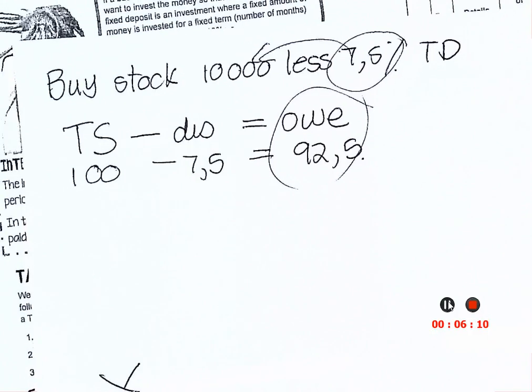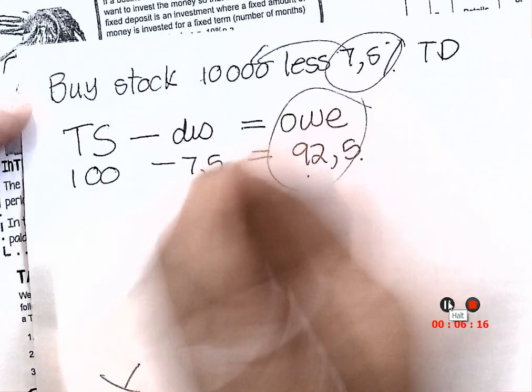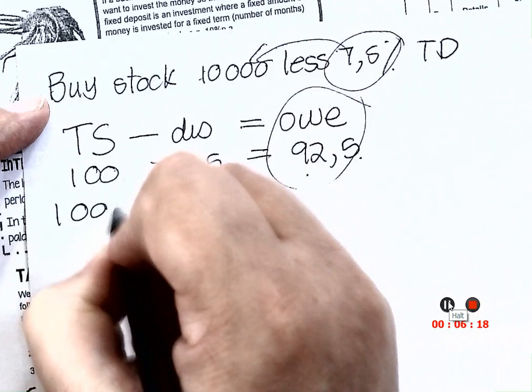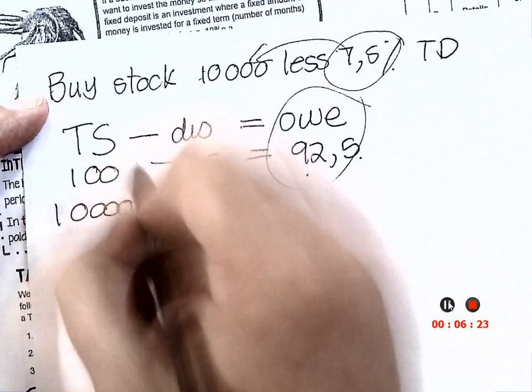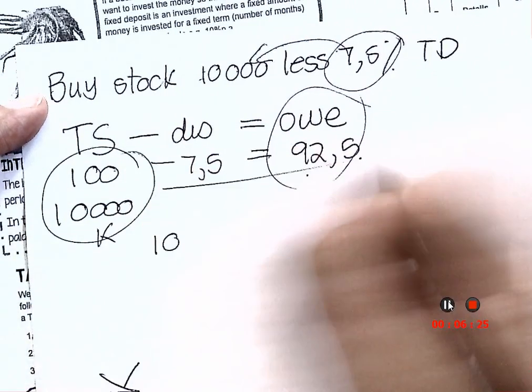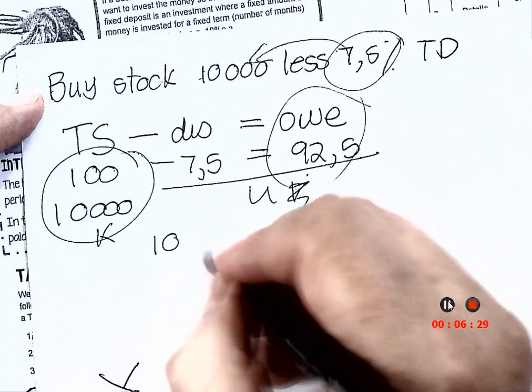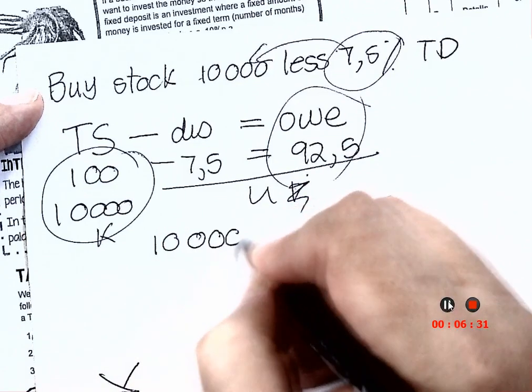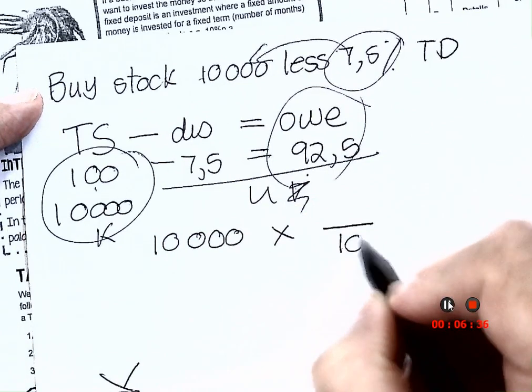Can you see what you're going to do is you're going to say, okay, I have the stock. So I'm going to take the stock. So can you see this is my known, this is my unknown. Right. So I'm going to take the stock, 10,000, and the stock's percentage is 100.